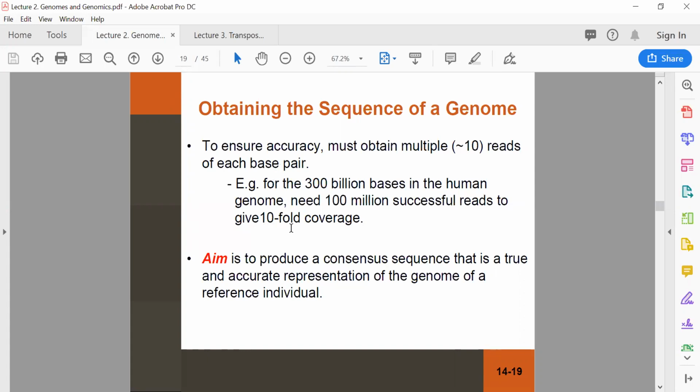As we said, the aim of a genome project is to produce a consensus sequence that is a true and accurate representation of the genome of a reference individual. Keep in mind that a genome sequence represents only one individual, so that genome serves as a reference sequence for the entire species.